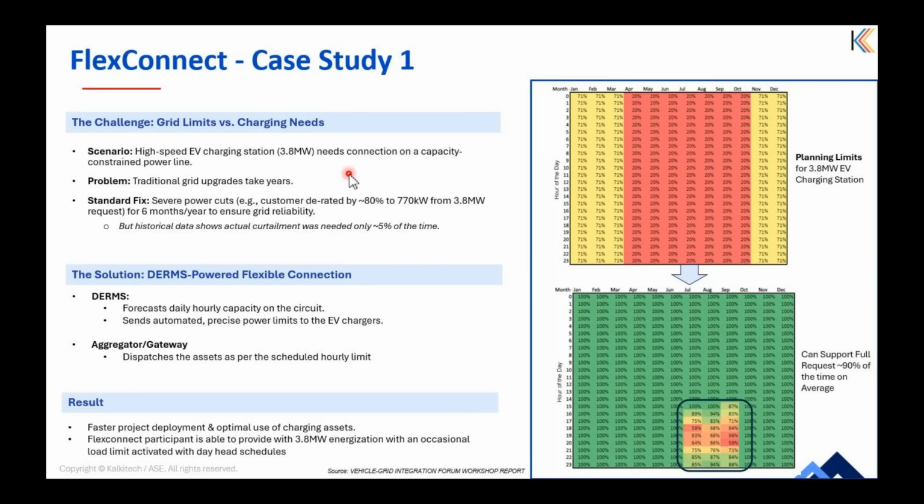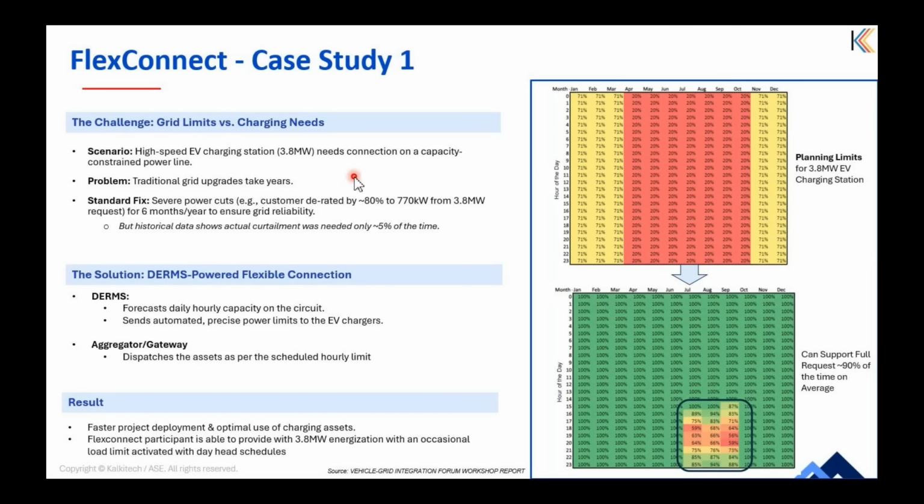The core problem is that the traditional grid upgrades needed to support 3.8 megawatts require major grid upgrades for permission, and it takes years to complete.